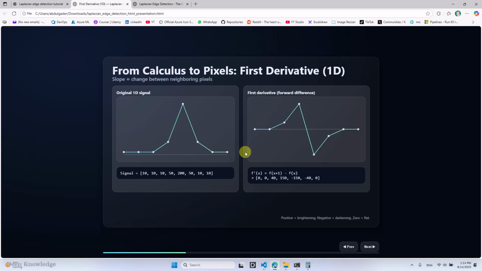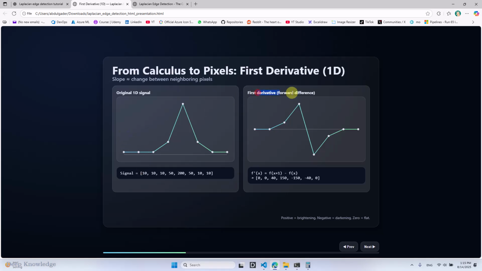Imagine in calculus we have formulas to get the first derivative or the second derivative. Assume here that we have a signal, or maybe an image, and these are the values of the signal.